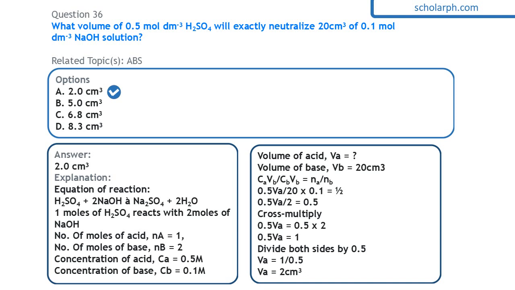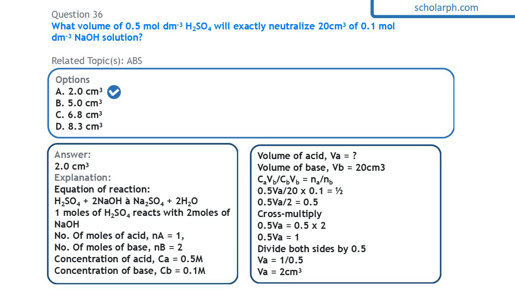If we go back to the data from the question and substitute, we have the concentration of the acid, 0.5, times the volume of the acid, over the concentration of the base, which is 0.1, times the volume of the base, which is 20, equals the number of moles of the acid. That is gotten from the equation of reaction. This is not given in the question, we get it from writing the equation of reaction. So we have 1 mole of the acid over 2 moles of the base.